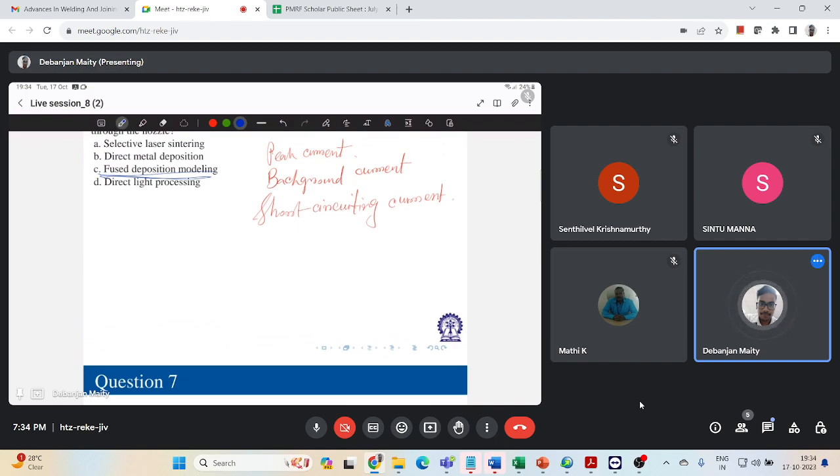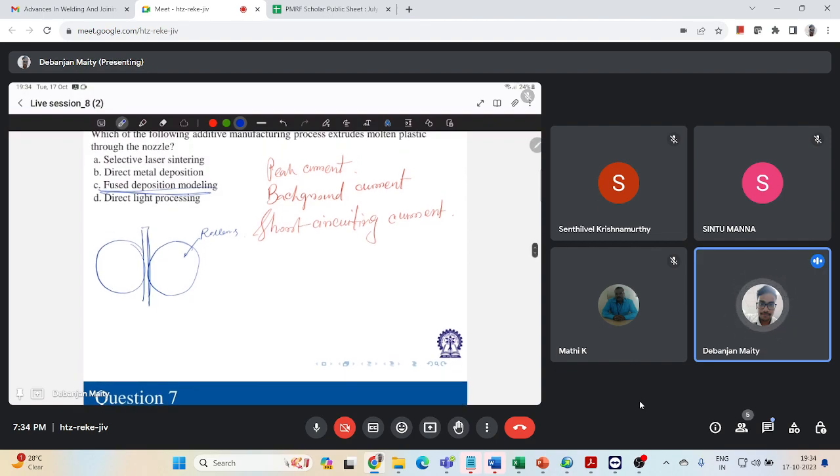So let me try to draw a schematic. We have some kind of rollers. You extrude the filament over here.